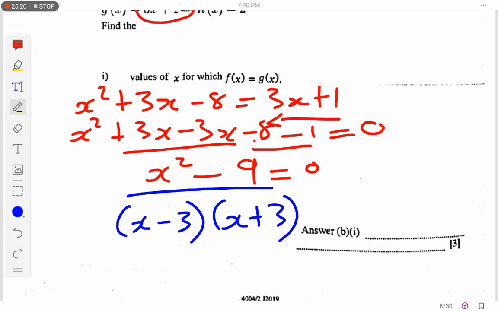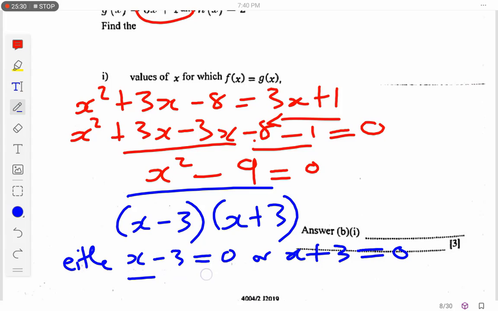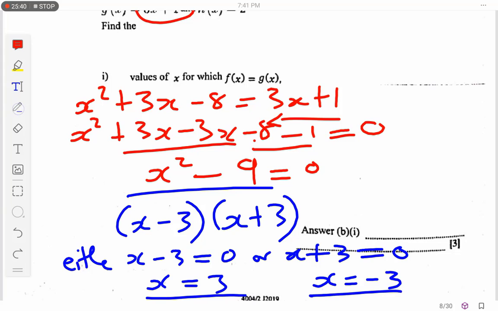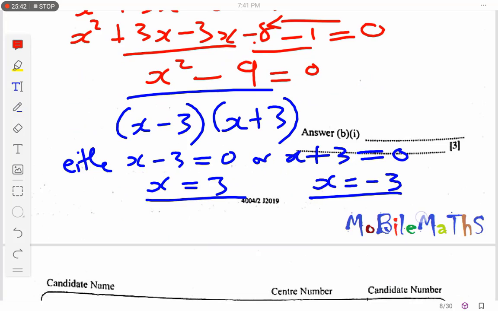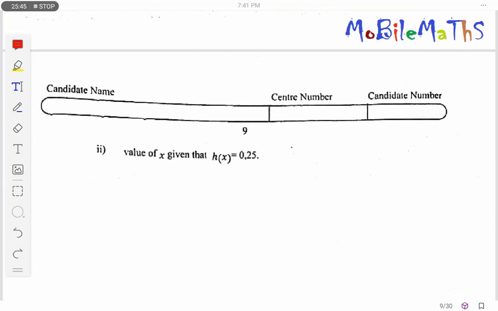So the values of x are going to be either x minus 3 is equal to 0 or x plus 3 is equal to 0. So solving this part, you find out x is equal to 3, or solving this other part, x is equal to minus 3. So these are the two values of x. We are done. Let's move on to the next part.